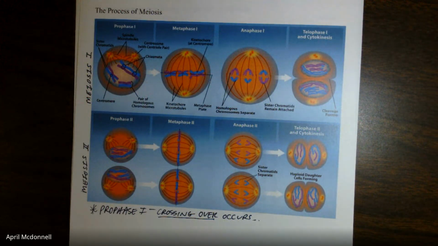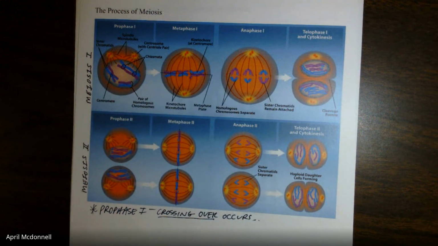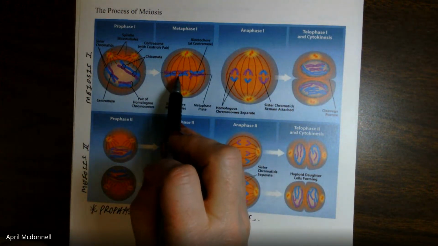So during metaphase 1, the homologous pairs of chromosomes line up side by side at the center of the cell.